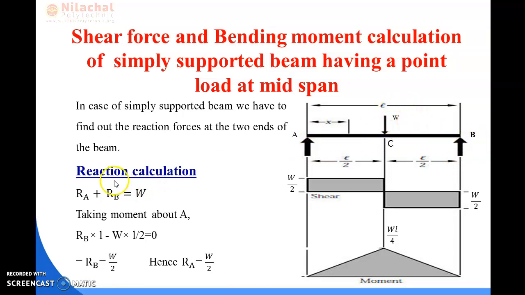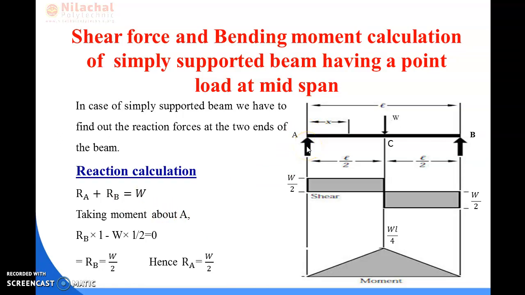So in case of reaction calculation, first of all, the total upward forces, that is RA plus RB, is equal to the total downward forces, which is W. After that, we need to know the value of RA and RB. For that, we need to take the moment about any end of the section as 0.